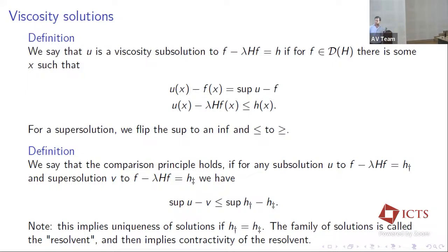So if I look here at u, it is the resolvent of h dagger, whereas v is the resolvent of h double dagger. So the comparison principle actually translates into a contractivity estimate on the resolvent, which is of course what you expect. So this uniqueness concept is a bit odd if you see it for the first time, but it gets you uniqueness and it gets you contractivity for the solution map. So very nice.